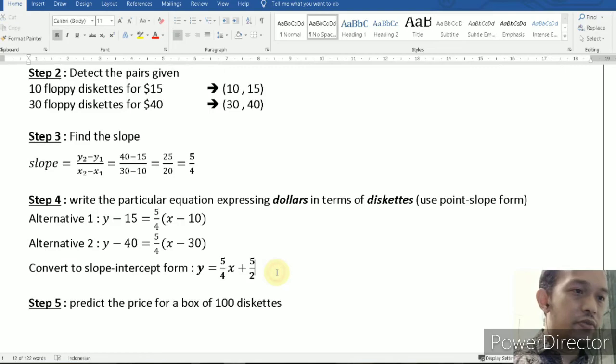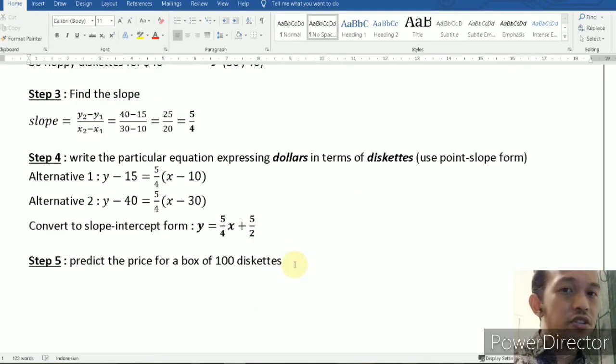Step 5, let's answer the question. The question in the textbook: predict the price for a box of 100 diskettes. Since 100 diskettes refers to the independent variable, using the function that we have, we are being asked what is y if x equals 100.